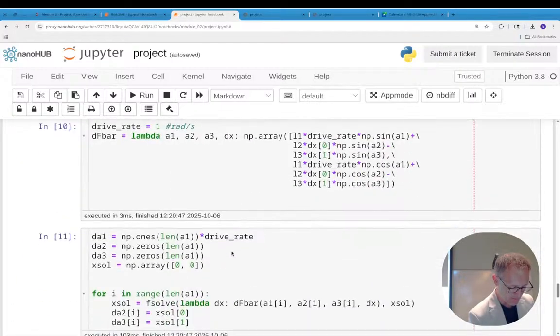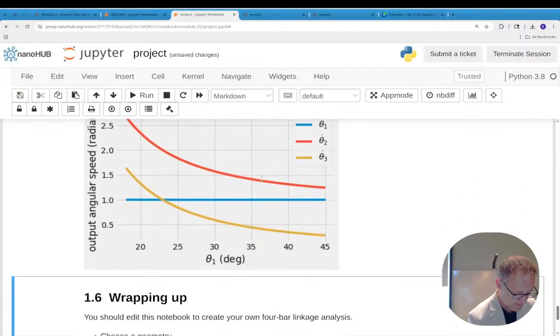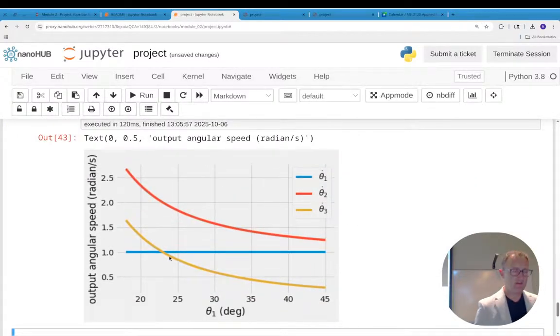So choose some numbers, and then same thing, we can look at motion. As we're bending the knee, the knee is moving at 1 radian per second. Our theta 2 dot and theta 3 dot, how fast are those things moving?